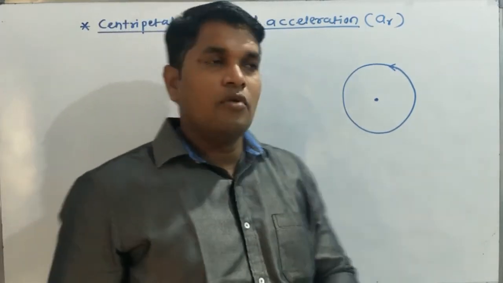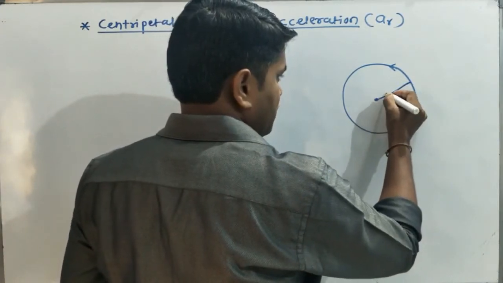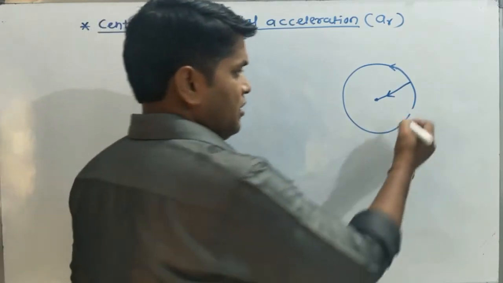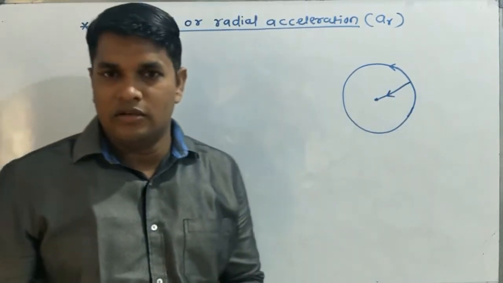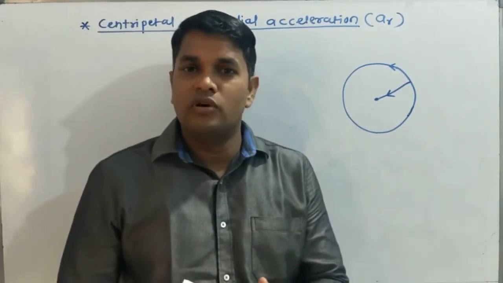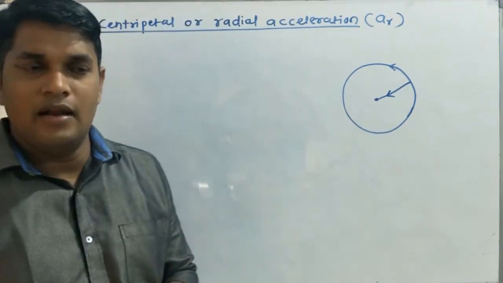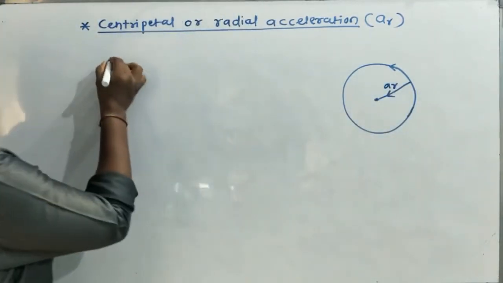The direction of this acceleration is toward the center of the circle, and this acceleration is called radial or centripetal acceleration. So what is its definition? The acceleration which is directed toward the center of the circle is called centripetal or radial acceleration. So it is our radial acceleration, and its formula.